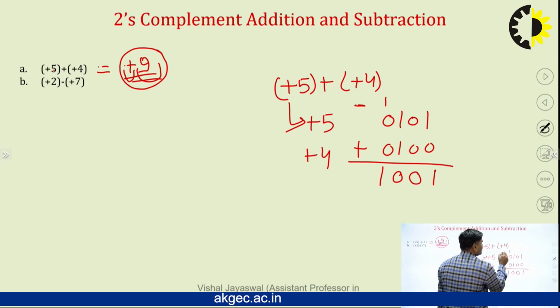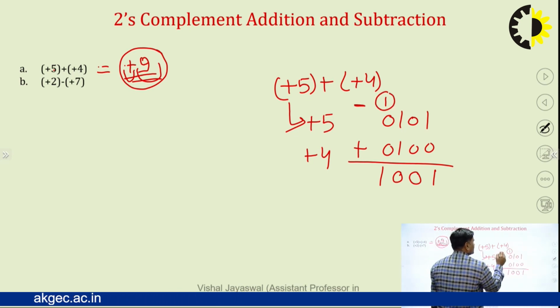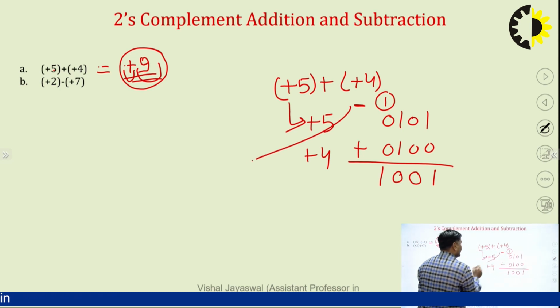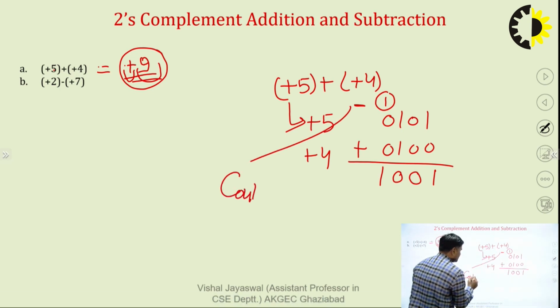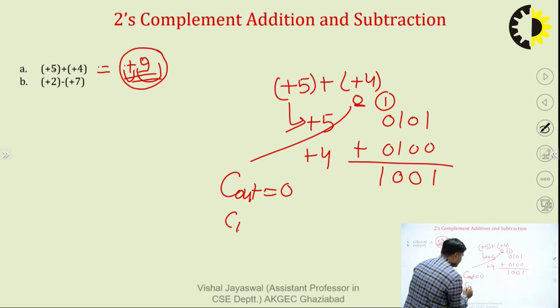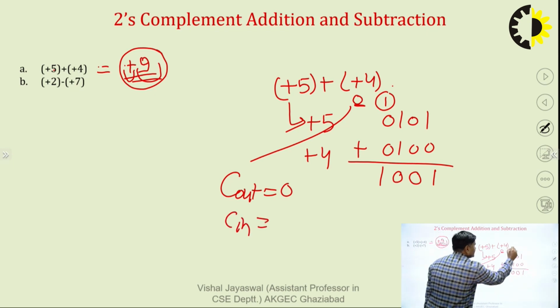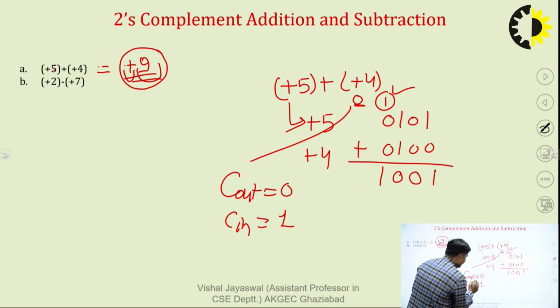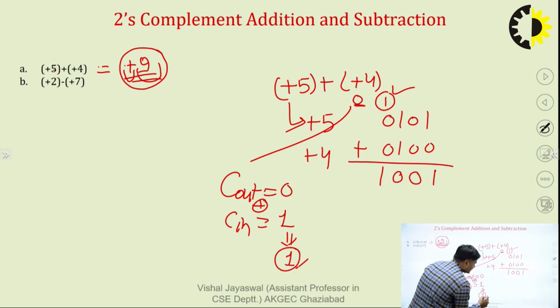Here there is no carry out and here there is a 1 carry in. So the value of C out is equal to 0. If there is no number, we can assume the value is 0. And the C in value is 1. And if we XOR these, we get the result 1, which means there is an overflow.